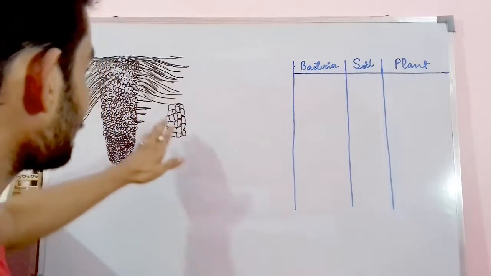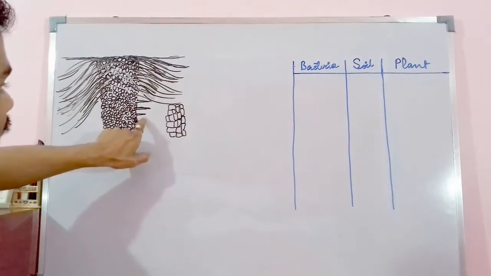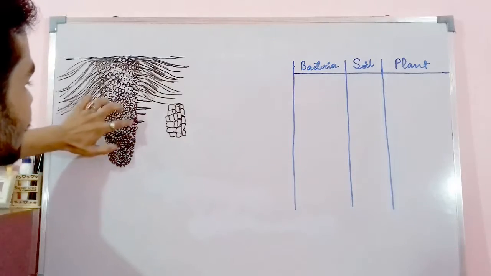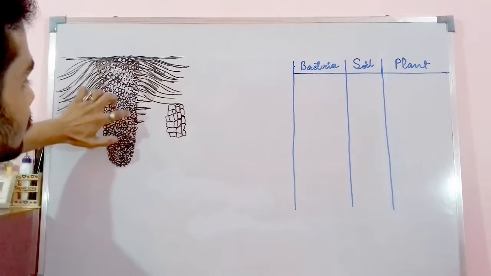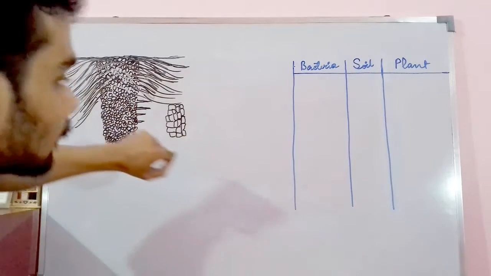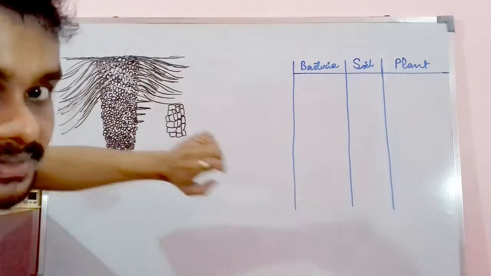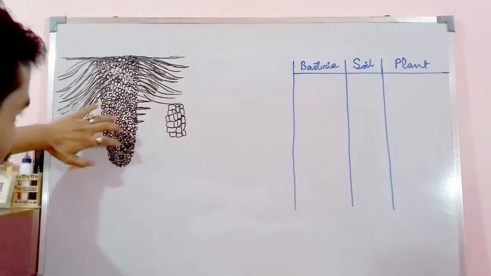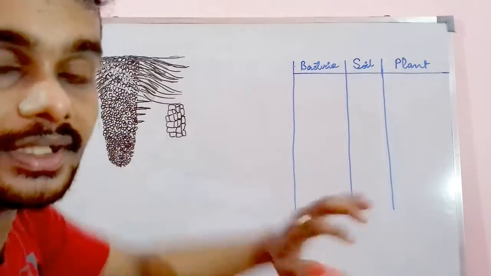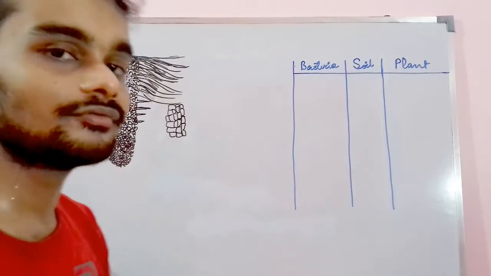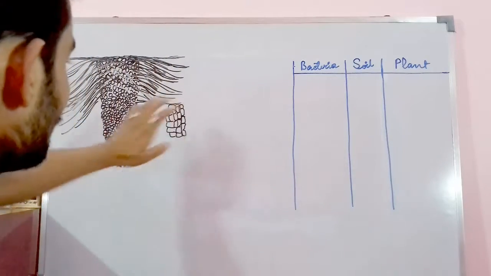From outward to inward, if I proceed, first I will get the cortex portion, along with the epidermis. After that, the endodermis would be present, beyond the endodermis there would be the pericycle, and beyond the pericycle there would be the zone of the xylem and phloem.